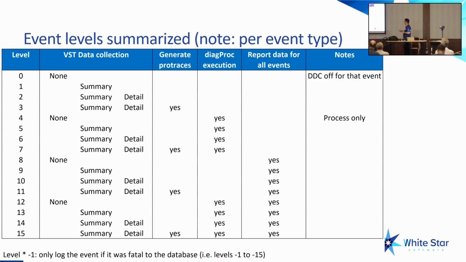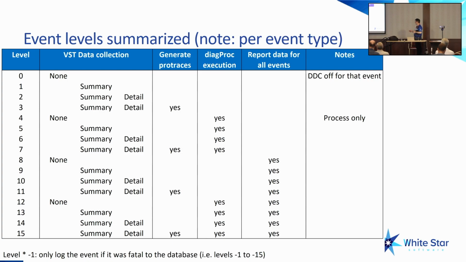For each of those combinations, we have the possibility of generating or not generating ProTrace files, so that would be levels 3, 7, 11, and 15. Again, ProTraces are only Unix and only for self-service clients. There's the diagnostic process that I talked about earlier.